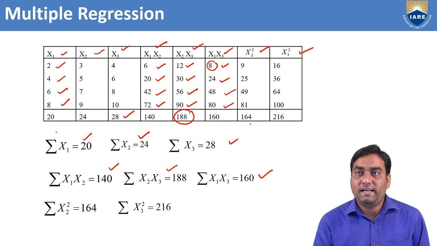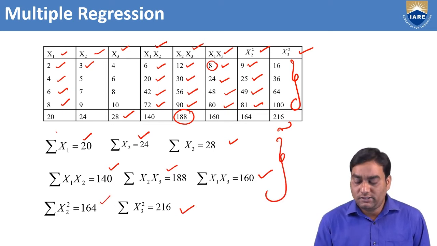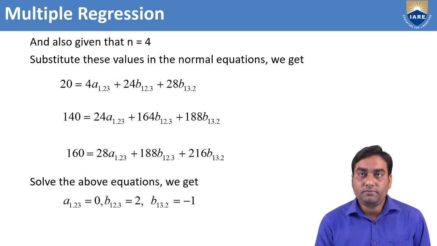Now x2 square and x3 square. x2 values: 3 square is 9, 5 square is 25, 7 square is 49, 9 square is 81. Similarly, do x3 square and add them. We get sigma x3 square is 216 and sigma x2 square is 164. So all values we got. These values we substitute in the normal equations, and n we know is 4.